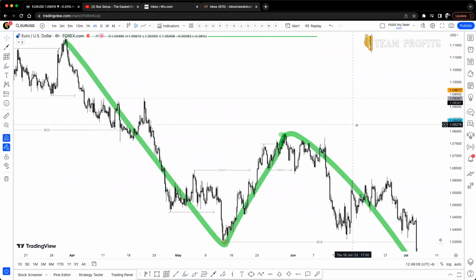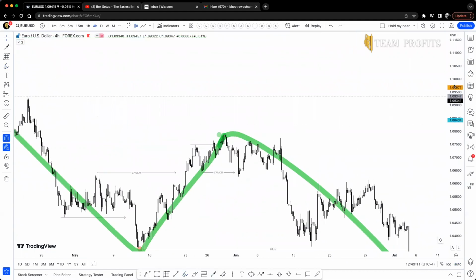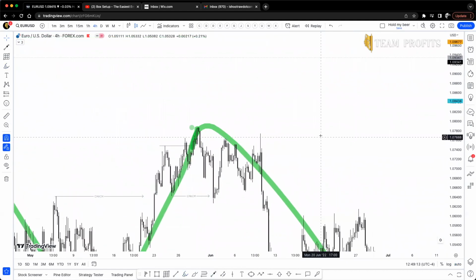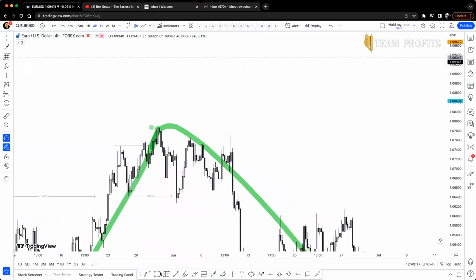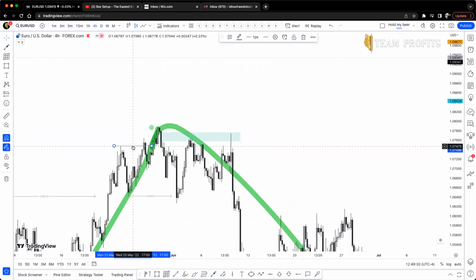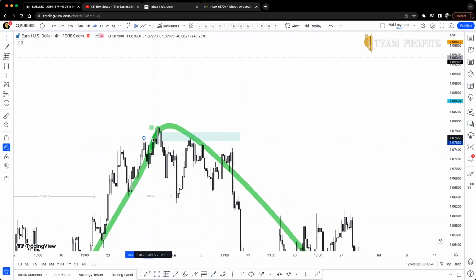Let's see, I think we had something here in this area. We see there was a big fair value gap, right here, after the CHoCH. As a matter of fact, even in lower time frames, sometimes you can catch it even better.